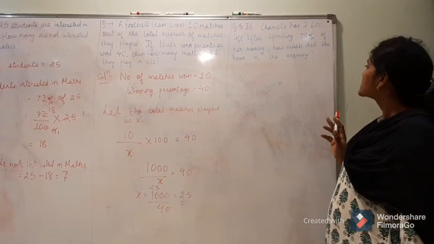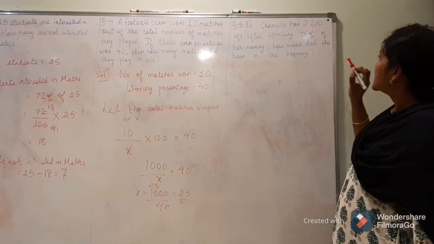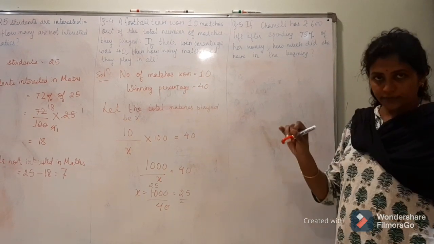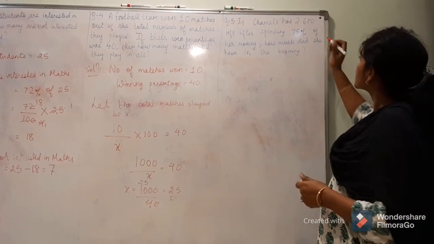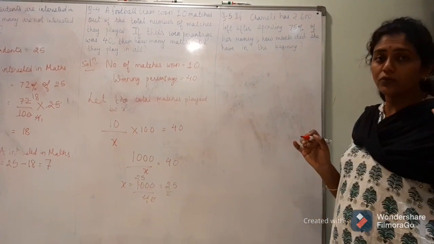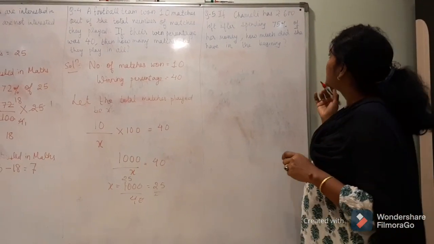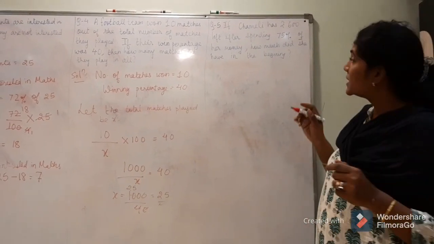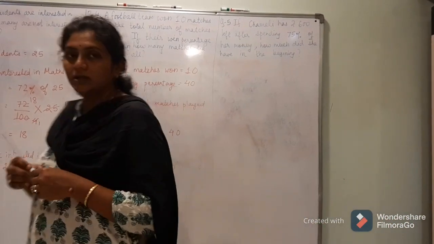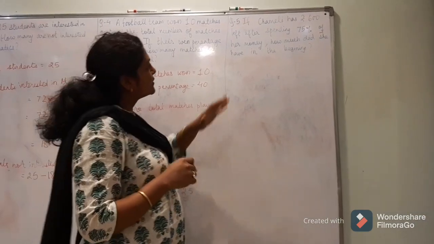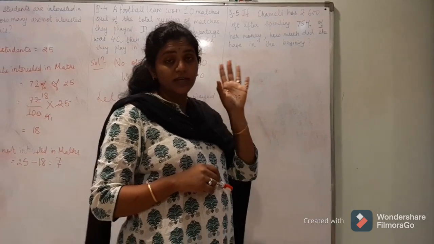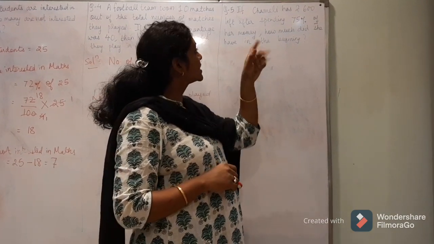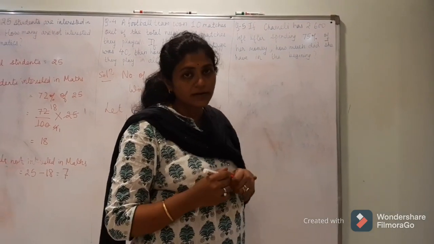If Chameli has rupees 600 left after spending 75% of her money, how much did she have in the beginning? "Of" means you have to multiply. तो 75% उसने खर्च किया है और बचा कितना है खर्च करने के बाद? 600.